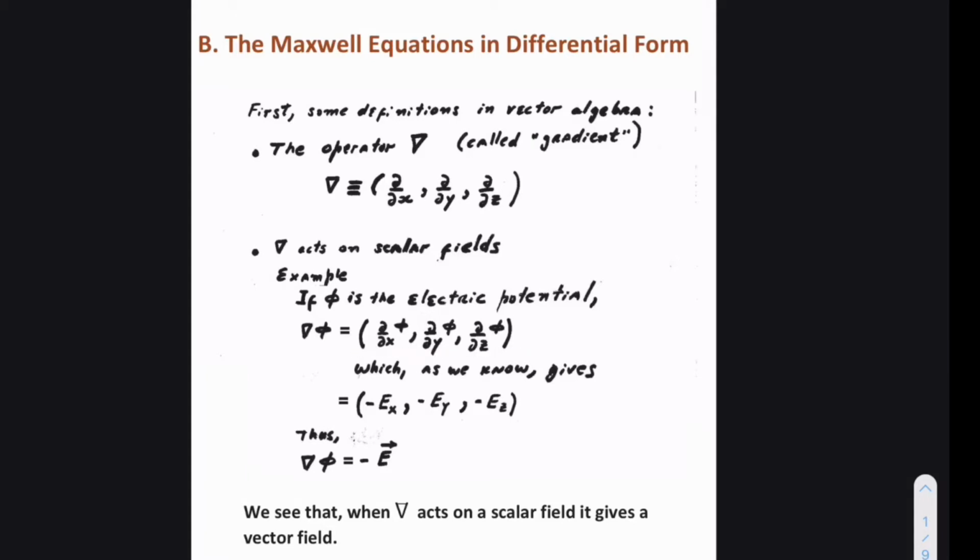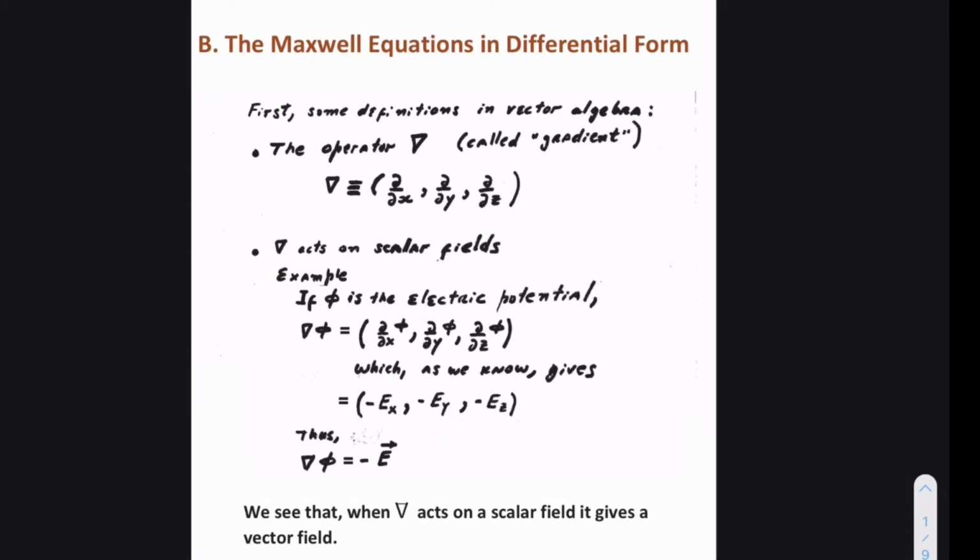But you know that the spatial derivative of electric potential is electric field with a minus sign. So when we take the partial derivative of electric potential with respect to x, we get the x component of the electric field with a minus sign. So combinedly, these three components give us the electric field E.